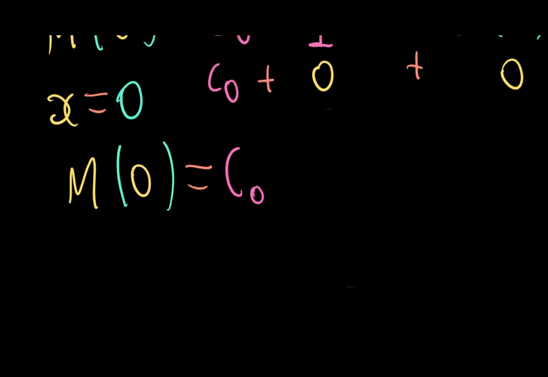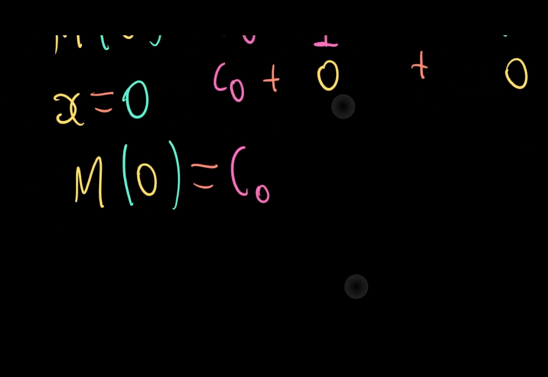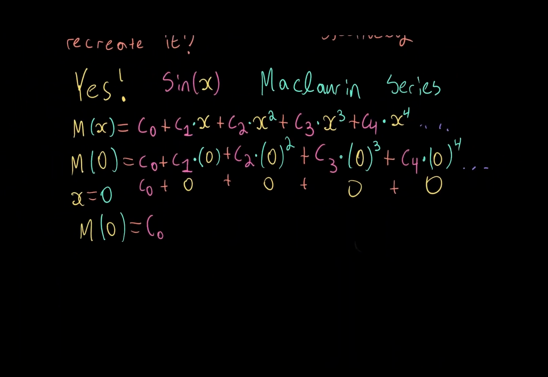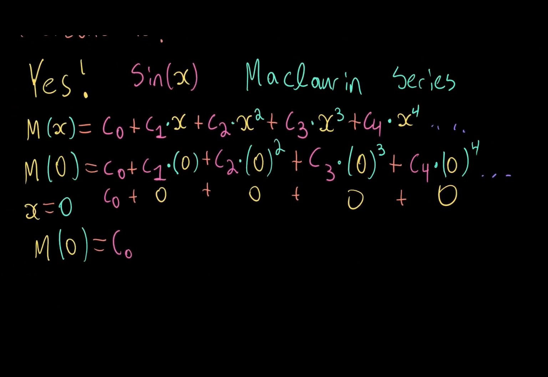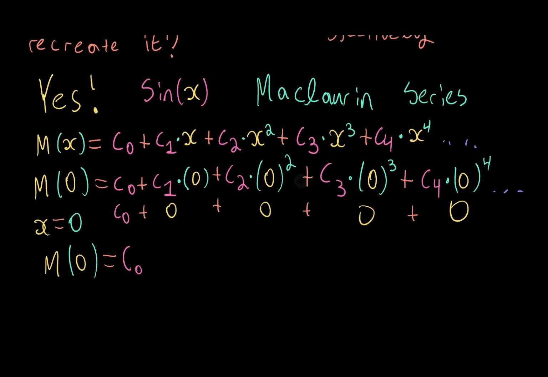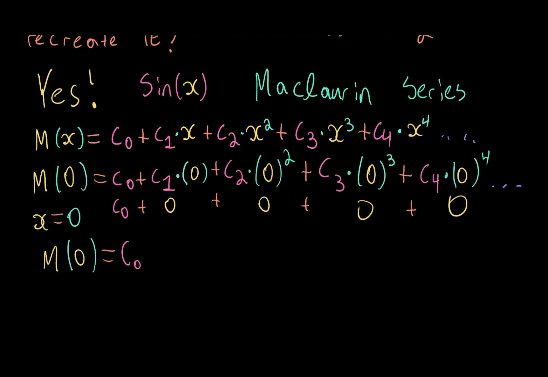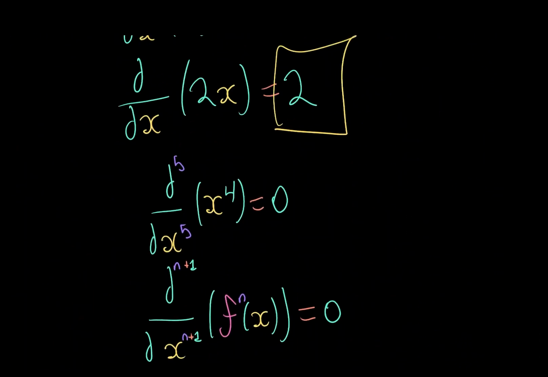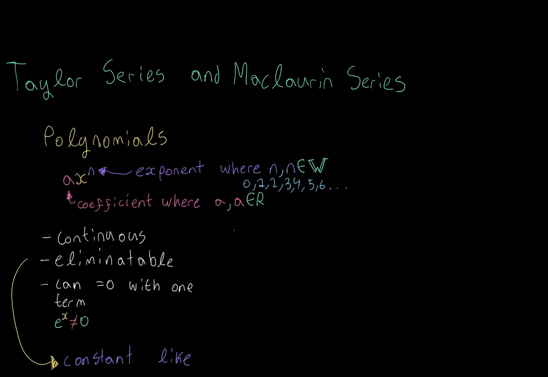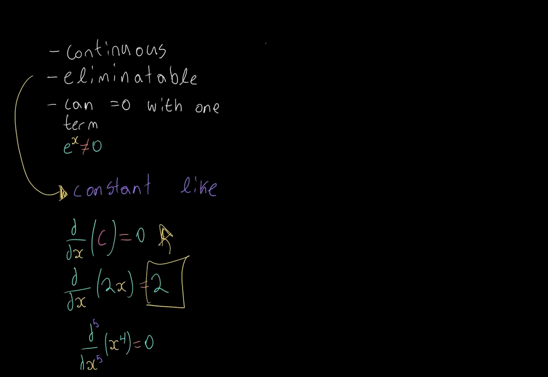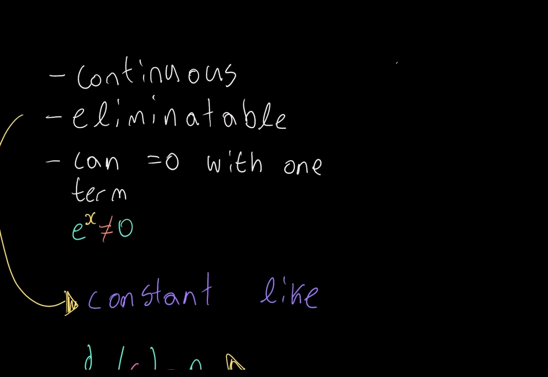And here, we can mimic the 0th derivative of a function. Again, this is another reason why polynomials are special, because if we set x equal to 0 here, all the other terms just cancel out. That brings back our idea that they can equal 0 with one term.